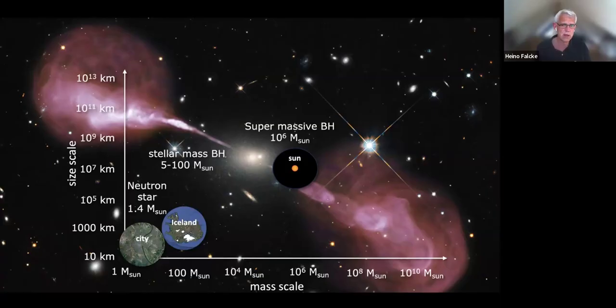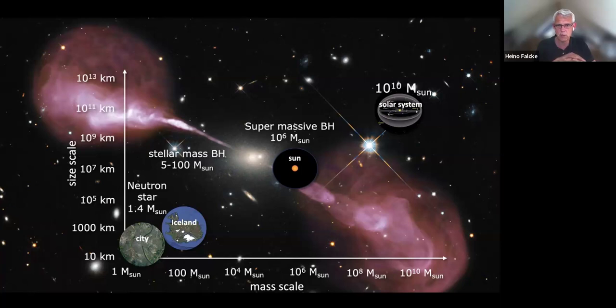Then you can have a black hole 1 million times the mass of the sun, like 1 million stars, essentially, and it would be somewhat larger than our sun. And then we have monster black holes, which have 10 to the 10 solar masses, which would have the size of the solar system. So still small on cosmic scales, but that would be large for human scales.